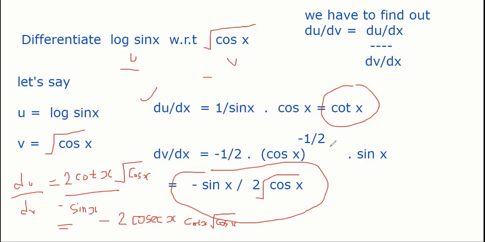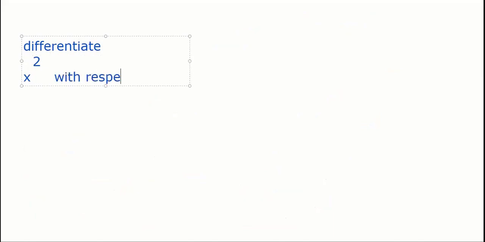Acha, if I ask a very simple question before we close, can you solve this? Let everybody do it and give the answer very fast. Differentiate x square with respect to x cube. Tell me the answer very fast.